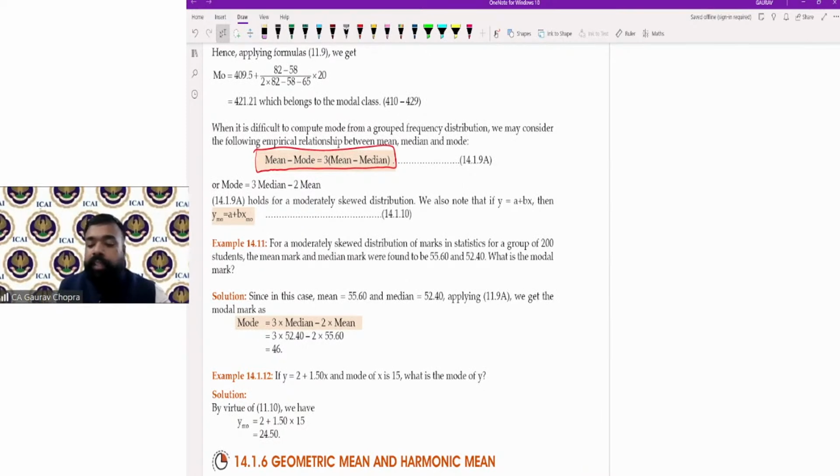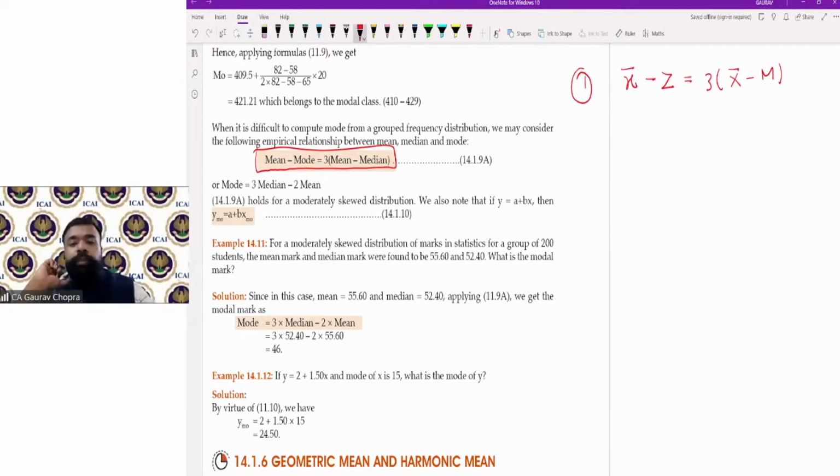We can write this in a general format: mean x bar minus mode Z equals 3 times of x bar minus M. So this is the relationship formula between mean, median, and mode. The difference of mean and mode is equal to 3 times the difference between mean and median.